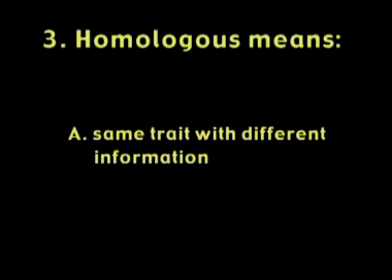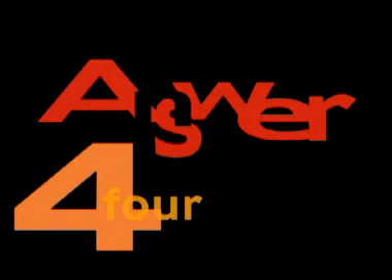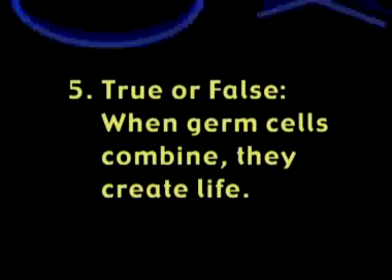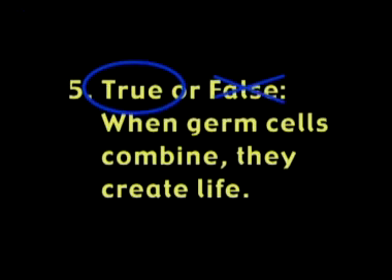A. Homologous means dealing with the same trait but different information. Question 4. C. Chromosomes contain genes or genetic information. Question 5. True. When germ cells combine, they create life.